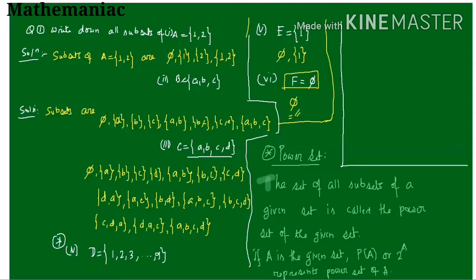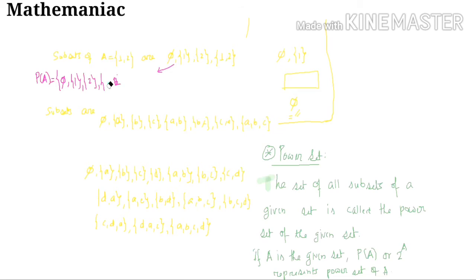Now I'd like to write just below here, power set of set A. So in case of this, power set of A will be nothing but those sets only you have to write, right? The only difference is that earlier we have written the elements.